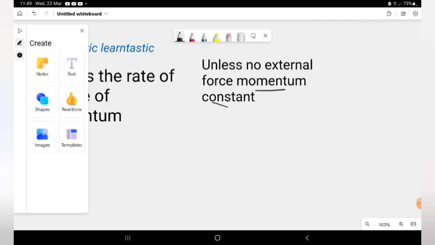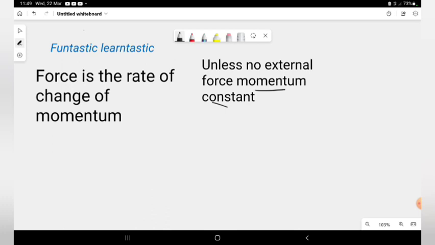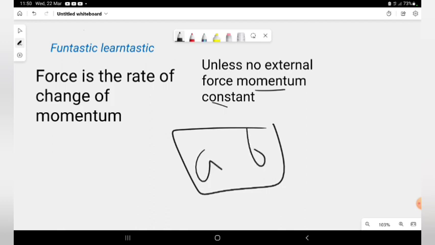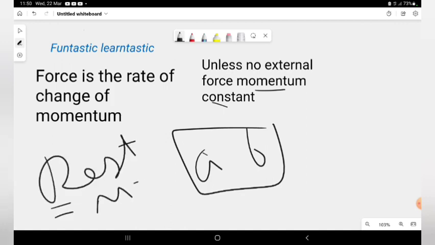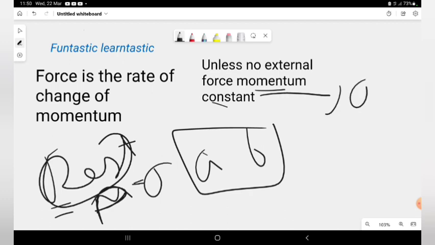This is what the law of conservation of momentum says. तो अभी इसका क्या मतलब हुआ कि अगर एक सिस्टम ऑफ बॉडी है जिसमें एक बॉडी A है और एक बॉडी B है, now both of them are at rest, and when they are at rest, momentum P is going to be 0.